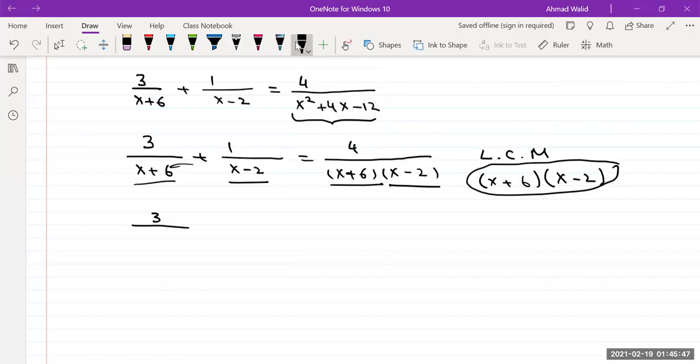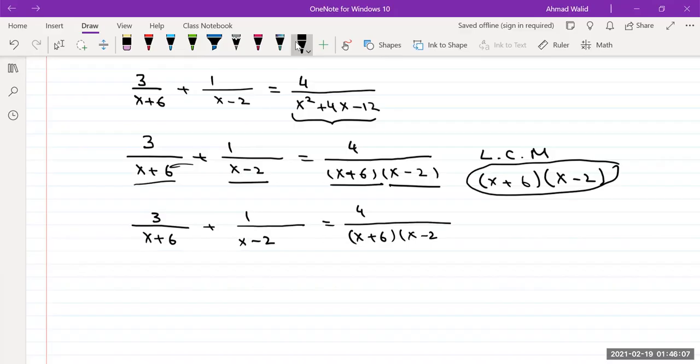Let me rewrite the problem here first. 3 over x plus 6 plus 1 over x minus 2 equals 4 over x plus 6 times x minus 2. Now what I do, I'll take my LCM and multiply it to each fraction.